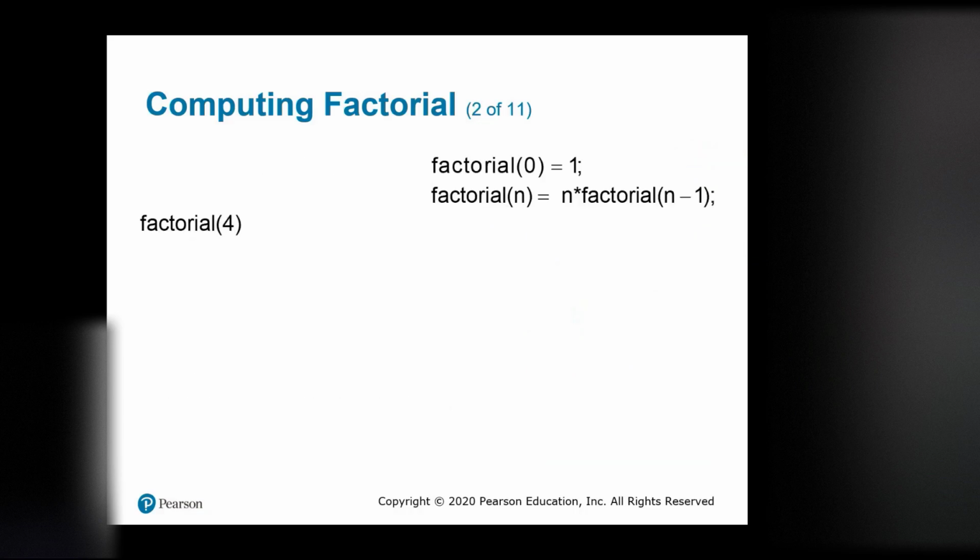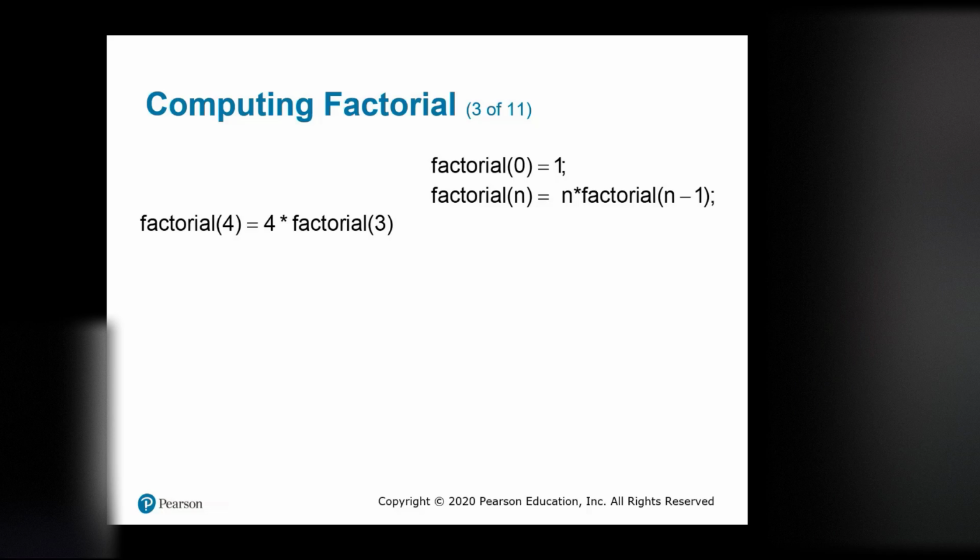So here they have shown a sample execution of what will happen when the function calls itself if we give the input value as 4. If you enter the value 4 as n, then when we call the factorial function, it will be interpreted as 4 multiplied by factorial of 3, because n multiplied by factorial of n minus 1.